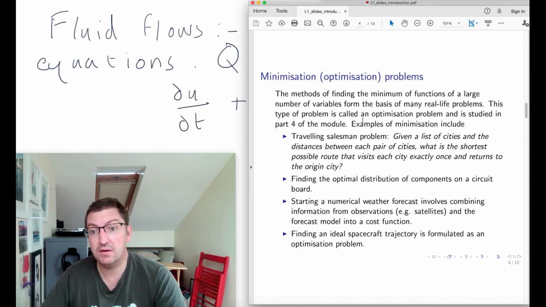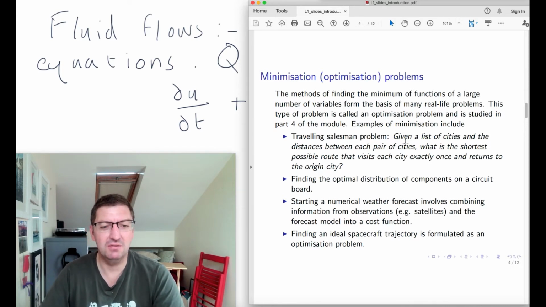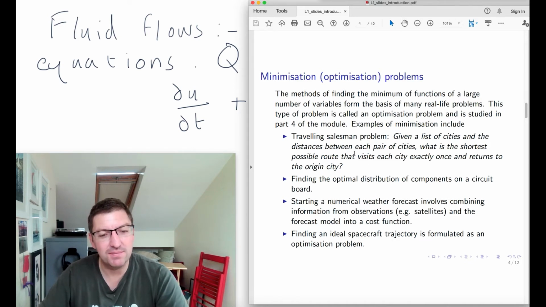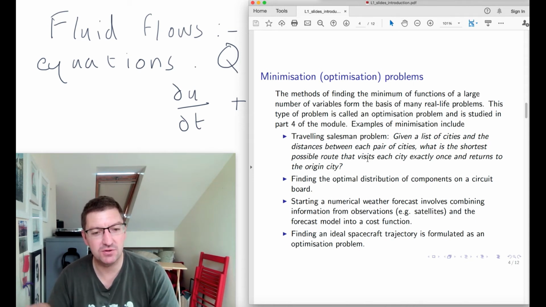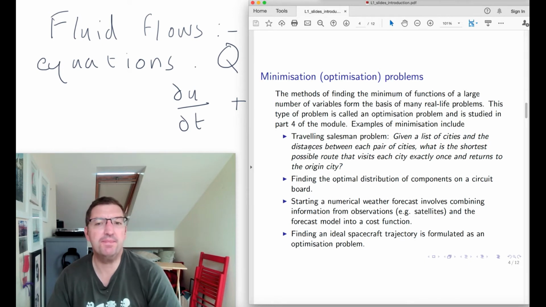And it turns out, whilst that sounds on the surface to be quite a slightly dull topic, there's a huge number of really useful problems that can be posed as a minimization of a big function of multiple variables. And here are examples of 4 of them.